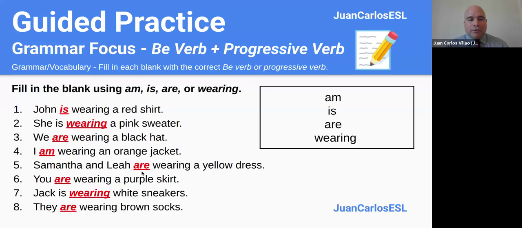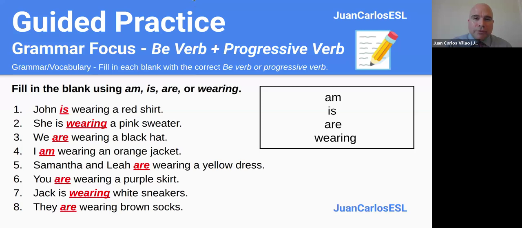Samantha and Leah are wearing a yellow dress. You are wearing a purple skirt. Jack is wearing white sneakers. They are wearing brown socks. All right, very good, class. So that is our guided practice.